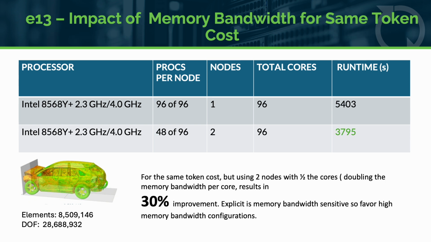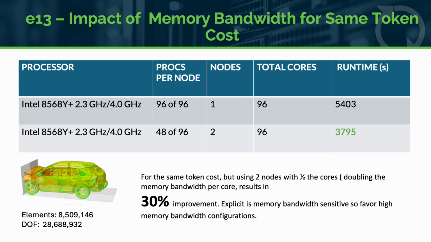Now, explicit is memory bandwidth bound. What is memory bandwidth? It's kind of like how fast can the CPU fetch data from memory. So having big caches, having a fast memory, there's many things that go into memory bandwidth. But I just wanted to show an example of just taking one processor here. I'm running all the cores, and I get a specific runtime. If I run half the cores on the node, I effectively double my memory bandwidth per core because each core has more L3 cache dedicated to it, more of a dedicated pipe from the CPU to the memory.